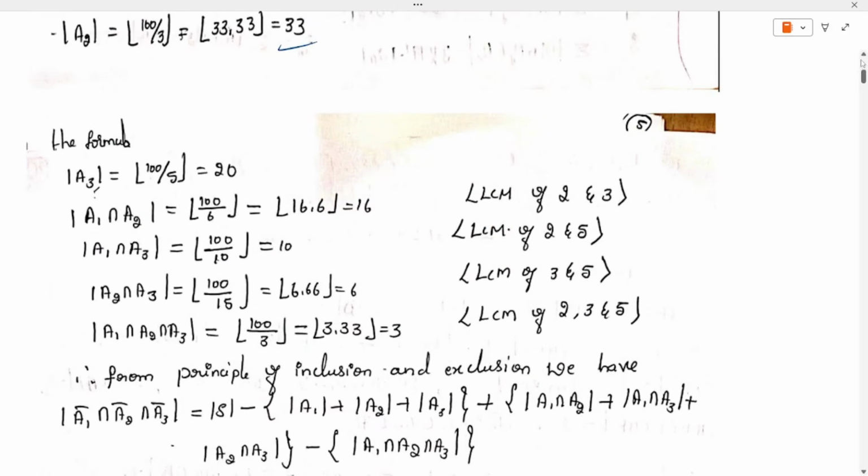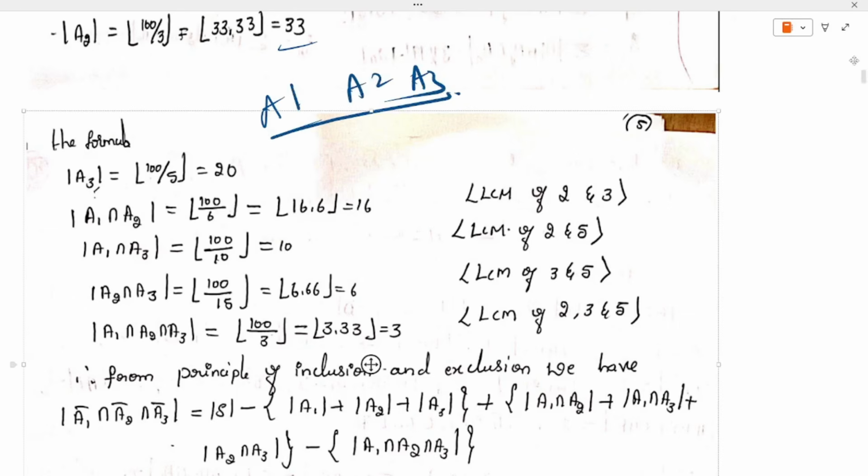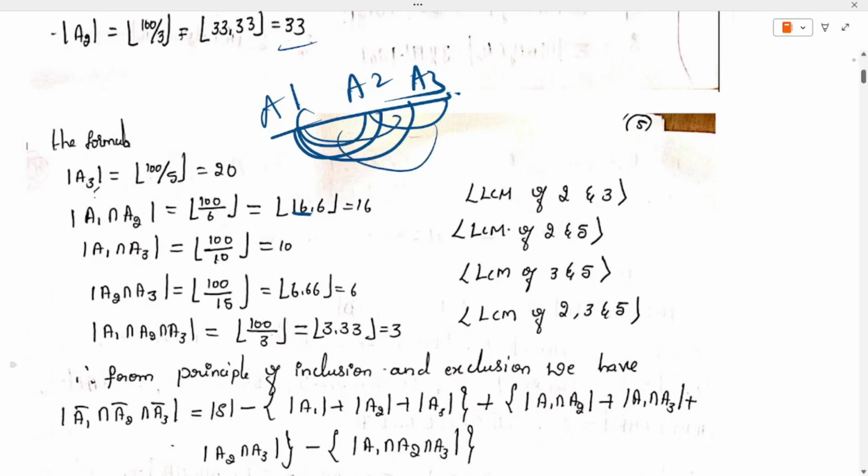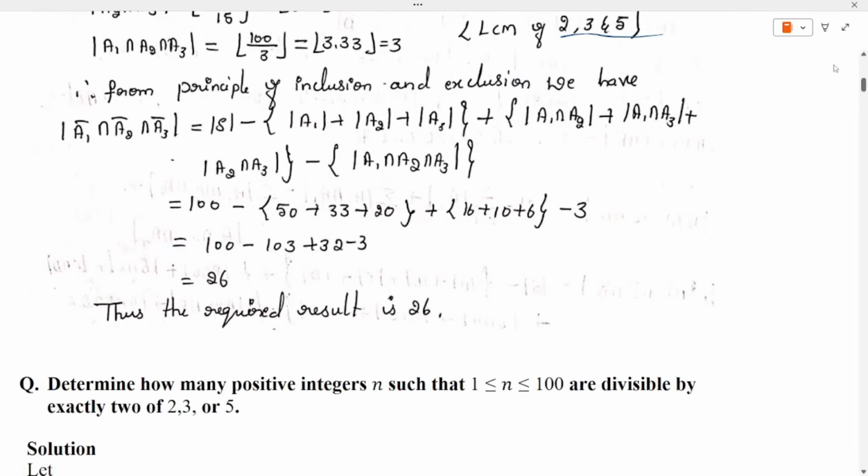And if you substitute the values and you have got A1, A2, A3, these three values, now you take A1 A2, A1 A3, A2 A3, and then A1 A2 A3. You will be taking the LCM of 2 and 3, 2 and 5, 3 and 5, and 2, 3 and 5 together, using the principle of inclusion and exclusion.